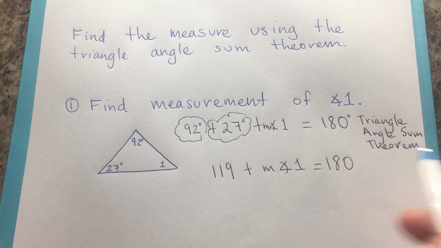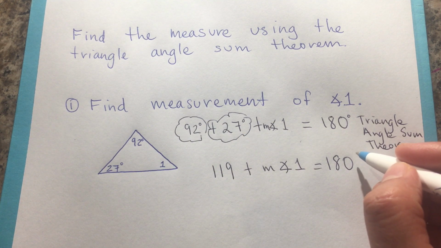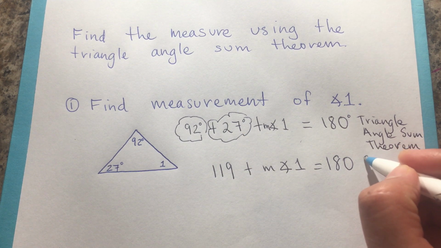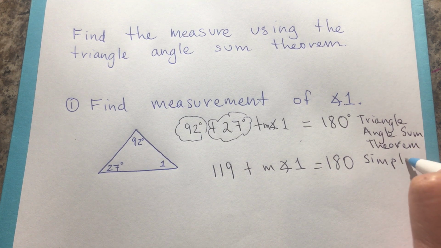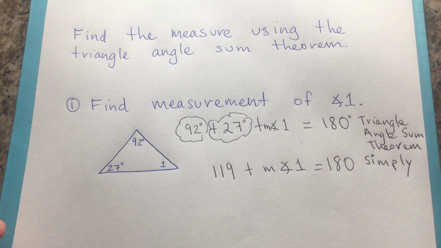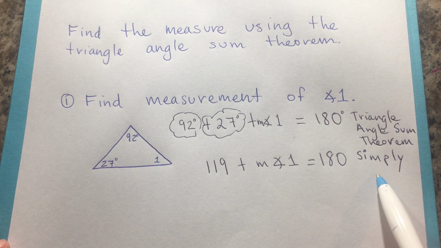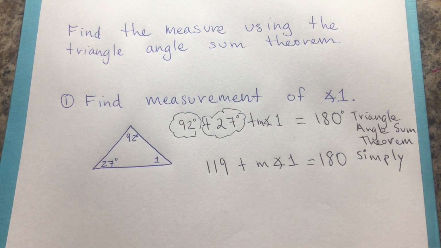This step that we just said, you can call it combine like terms, or simplify is another easier way to describe it. Remember that simplify means just make it simple, and sometimes it includes distributive property, other times just combine like terms.